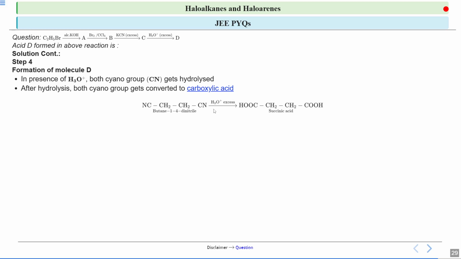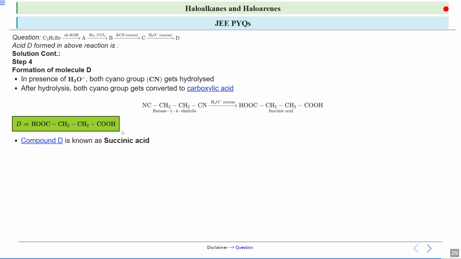So butane-1,4-dinitrile reacts with excess H3O+ and converts to succinic acid, COOH-CH2-CH2-COOH. So your D molecule is an acid named succinic acid, and hence the correct option is B.